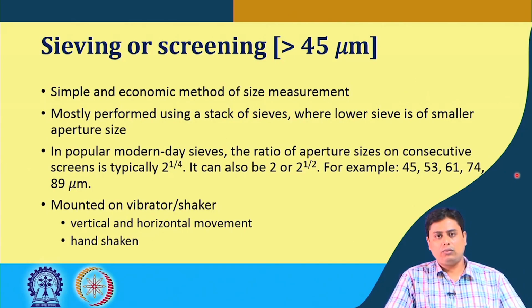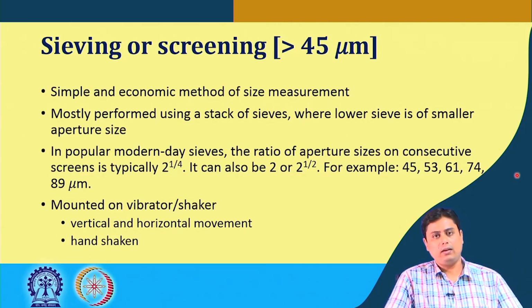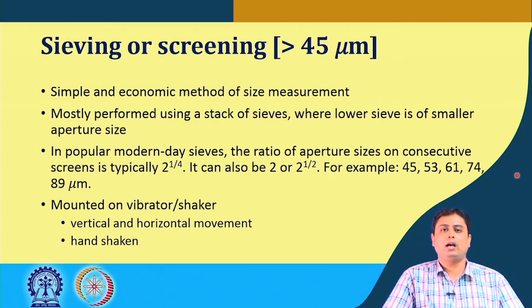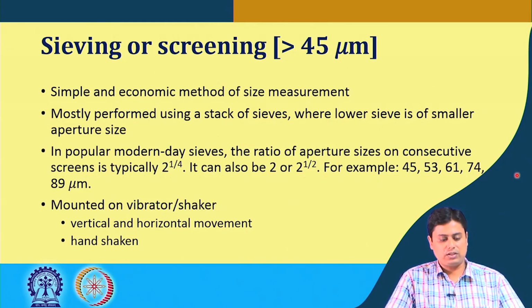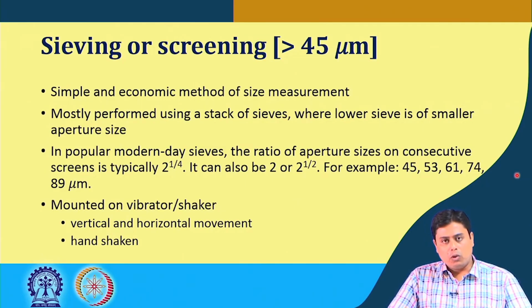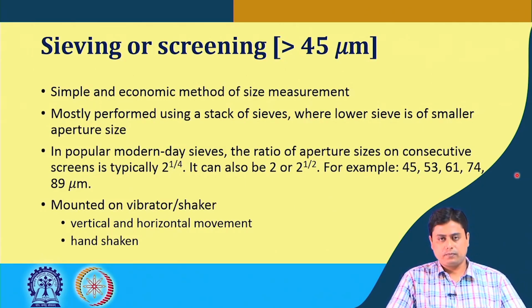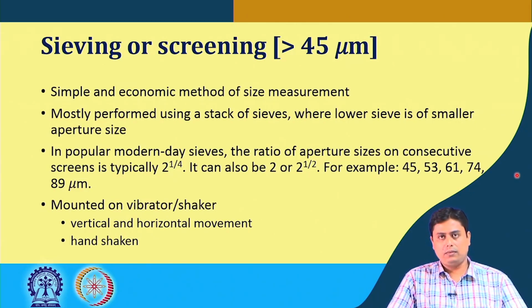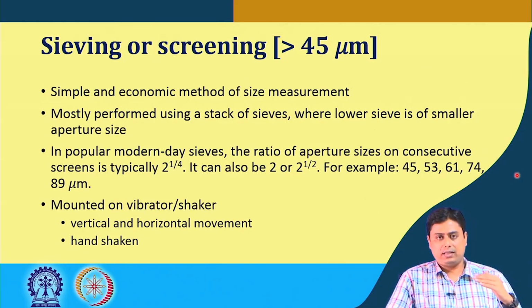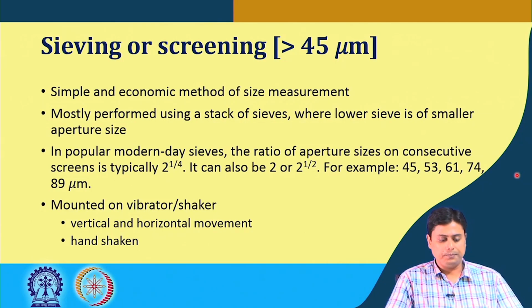A similar principle is applied in the sieving or screening technology, where bulk solids are put into a cascade of strainers or screens, and in most cases it is vibrated in vertical as well as horizontal directions. In this stack of sieves, from top to bottom, where it is first fed, the aperture sizes are bigger and then consecutively smaller and smaller.